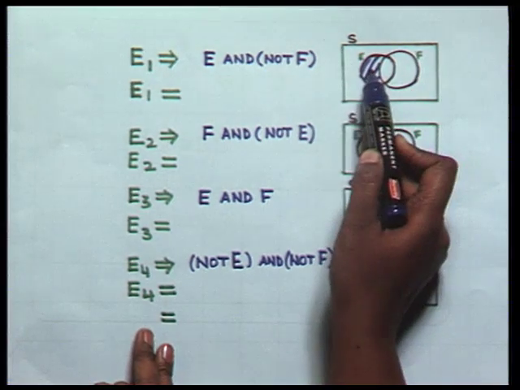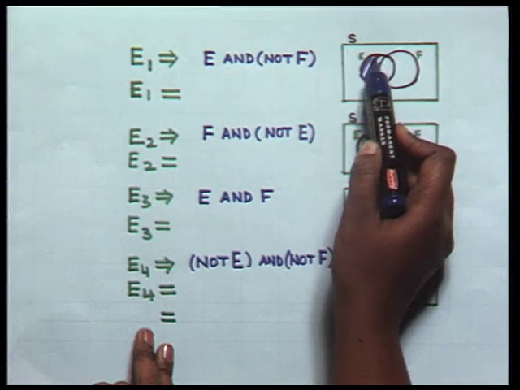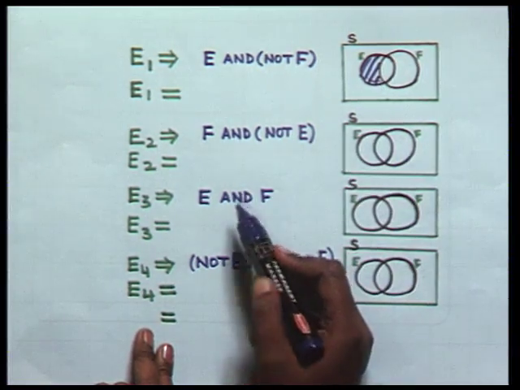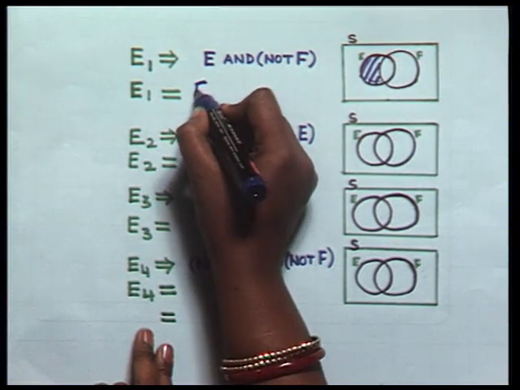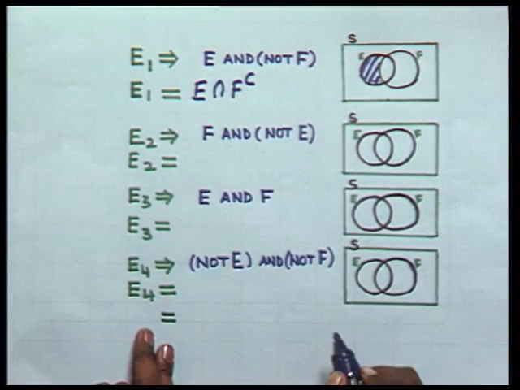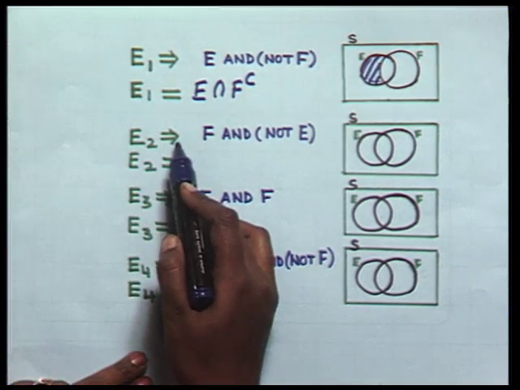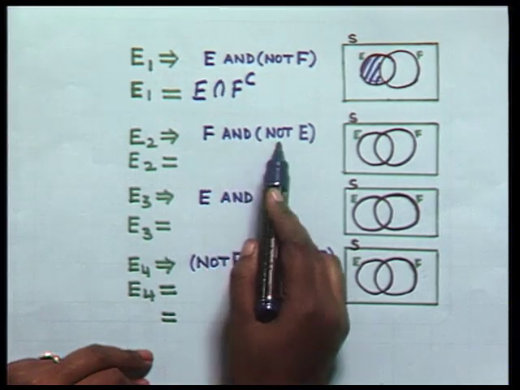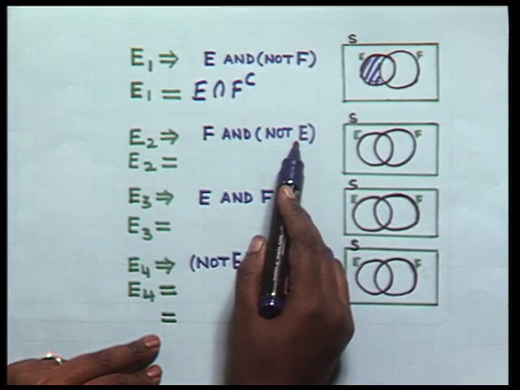If this set represents event E and this is F, then we just shade the portion which represents E and not F, and therefore, event E1 is nothing but the set E intersection complement of the set F. Now for the event E2, it says only wife is selected, that means F and not E, not the husband, only wife.